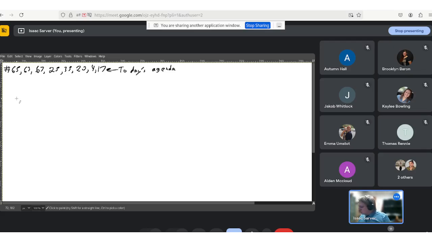Alright, so the one I had intended to finish with yesterday was number 65. So we got a step-down transformer in the ratio of 1 to 8.